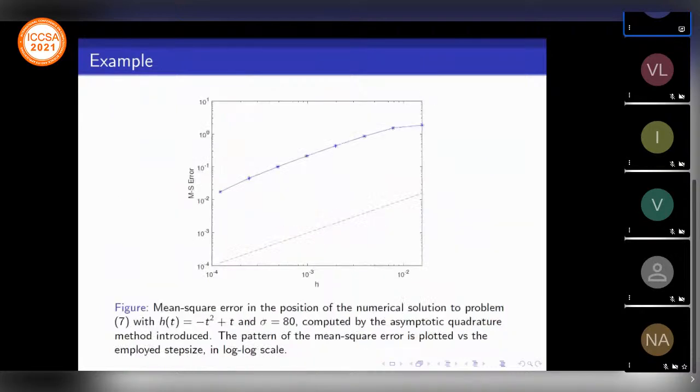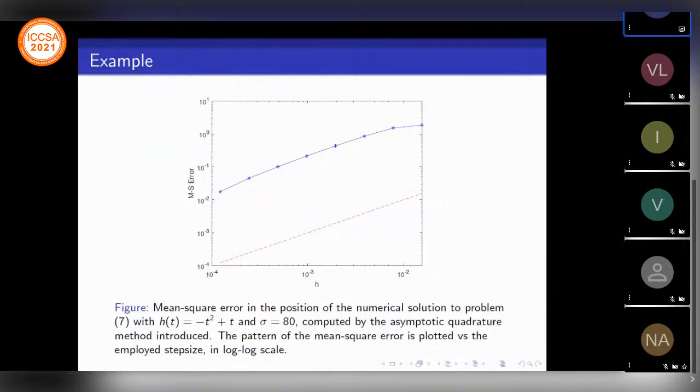In our experiment, we choose sigma equal to 80. So we have a good oscillating phenomenon in the force, and in this case h of t is polynomial. In this plot we show the mean square error in the position with respect to the step size, which is the blue line, and the red line is the line with slope 1. So we have an estimated rate of convergence of 1, we can say.